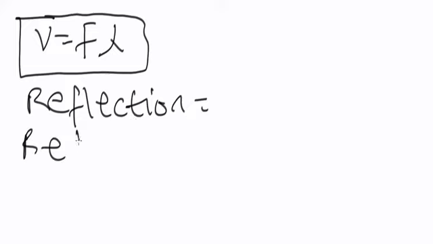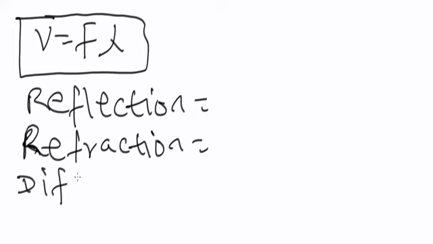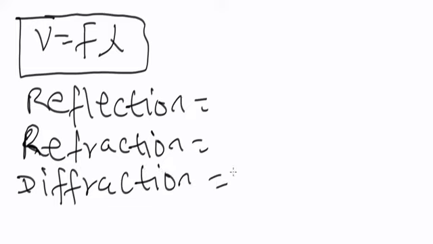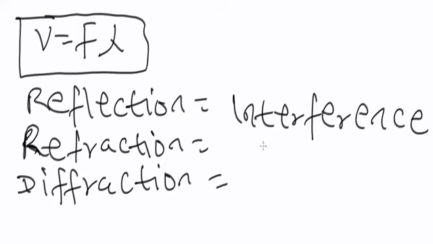We have refraction, which is the ability of a wave to bend when it hits a barrier. We also have diffraction, which is the ability of a wave to spread out when it hits a barrier. We have interference, which is the ability of waves to superimpose.